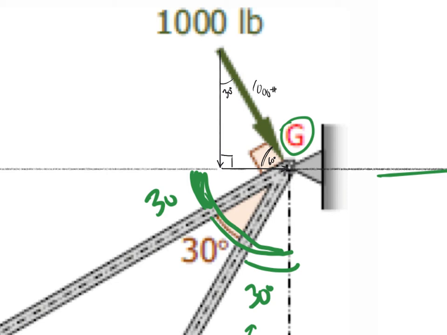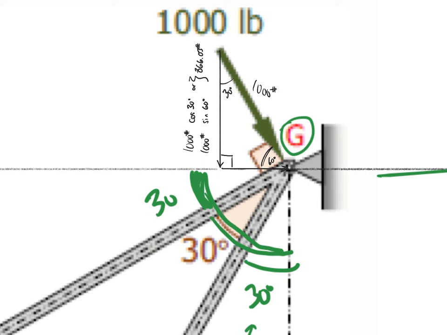And so this vertical right here, depending on which angle you want to use, is either 1,000 pounds times the cosine of 30, because it's the adjacent to that 30-degree angle, or it's 1,000 pounds times the sine of 60 degrees. Okay, it just depends on which angle you want to use. Either way, if you plug that into your calculator, that's going to end up being 866.03 pounds.